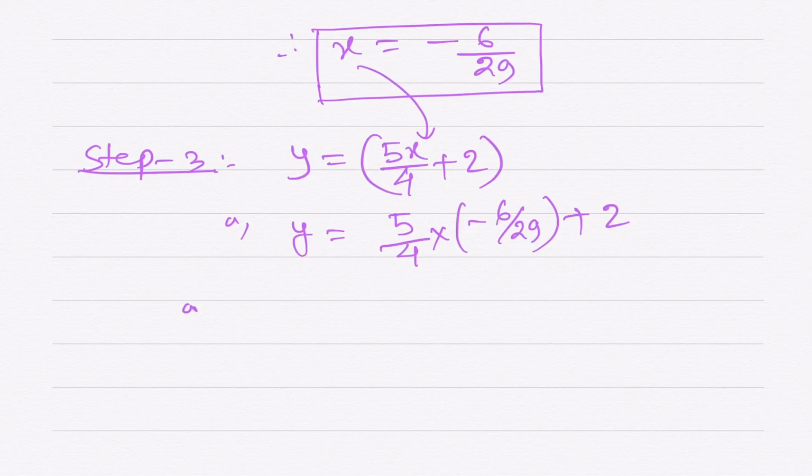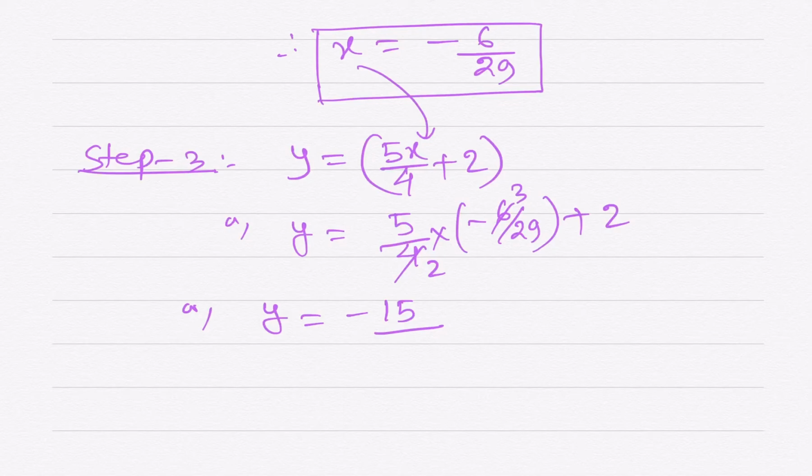Here 2, here 3. Now y equals 3 into 5, 15, minus 15 divided by 2 into 29.